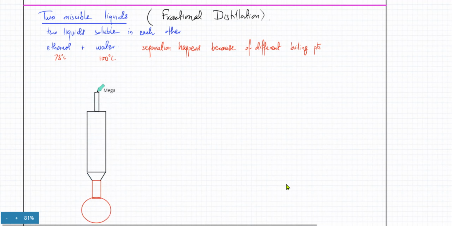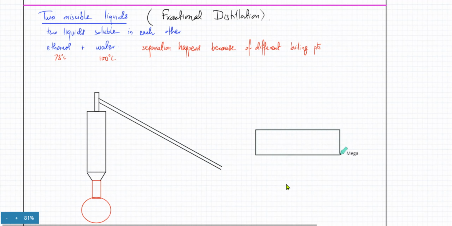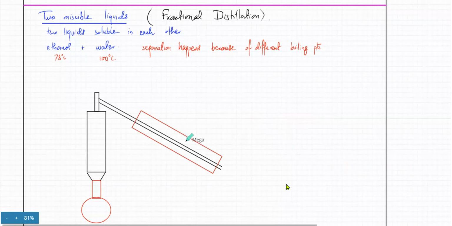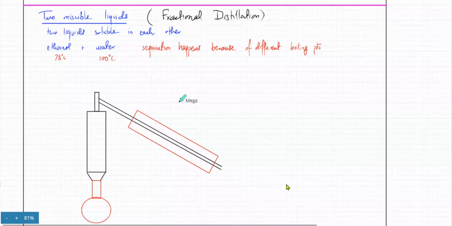Okay, so there's going to be a column that's known as a fractionating column, and then there's going to be a condenser attached to it. So that's our opening. So that's our condenser. तो ठीक है.